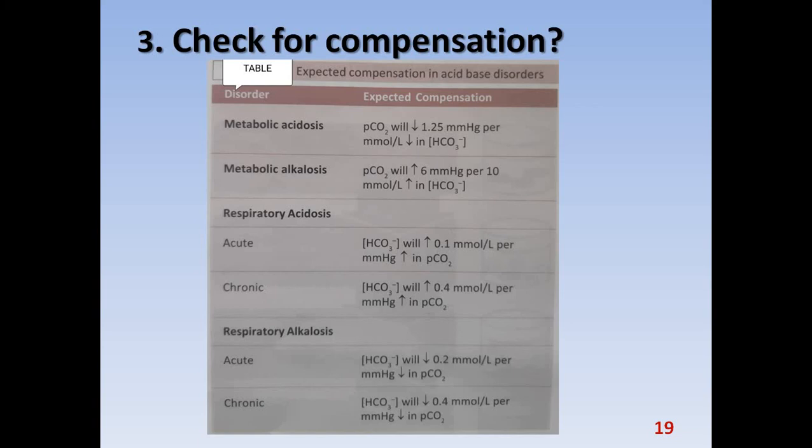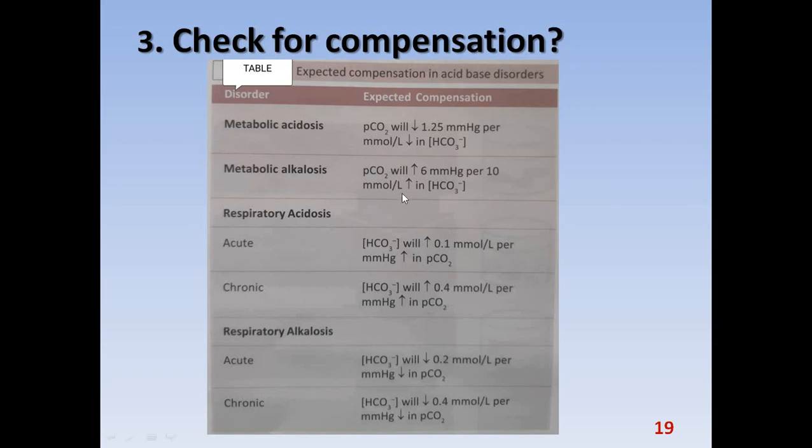In metabolic alkalosis, the PCO2 will increase 6 millimeter of mercury per 10 millimole per liter increase in bicarbonate.